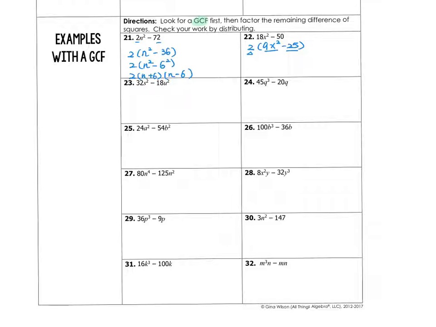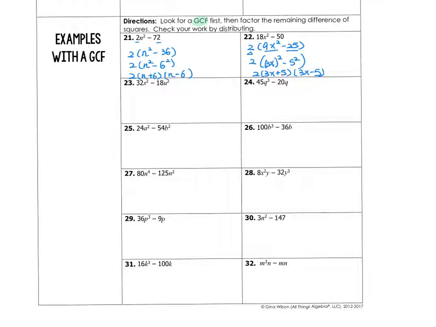Now I rewrite the inside into 3x, the whole thing squared, and then 5 squared. Whatever I didn't touch, I bring down. Now I have my difference of squares: A plus B times A minus B, right?